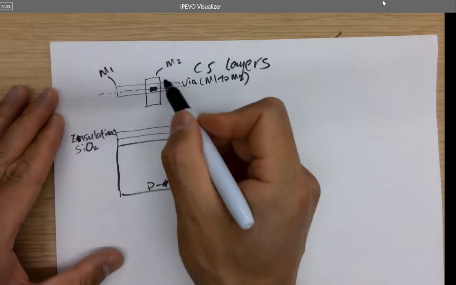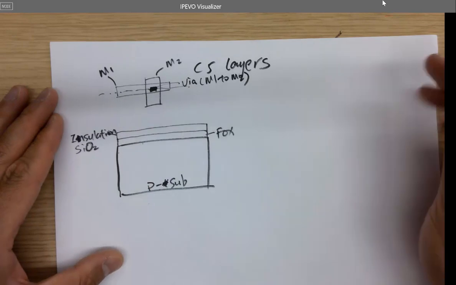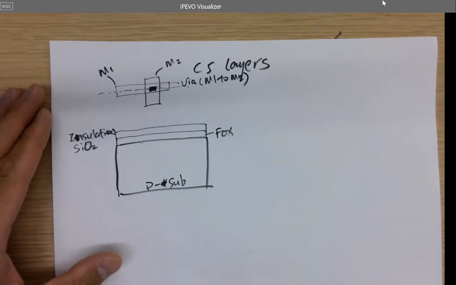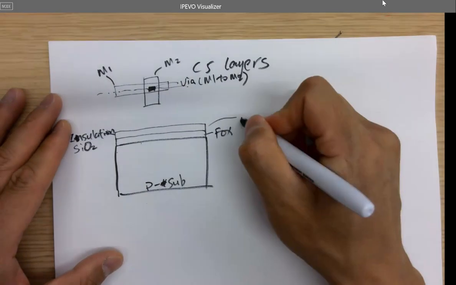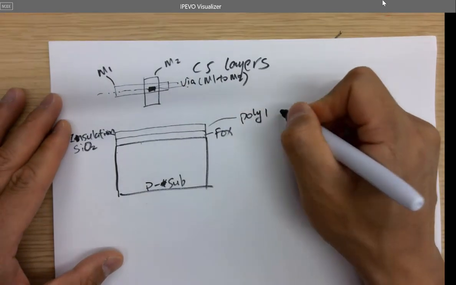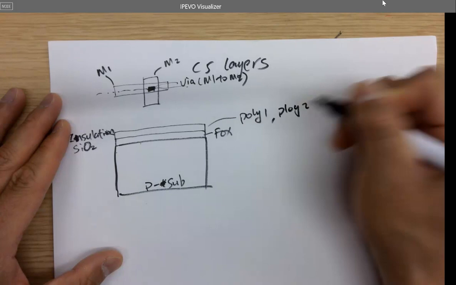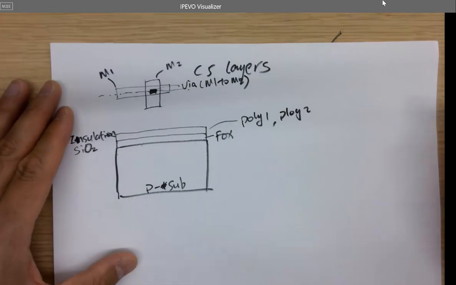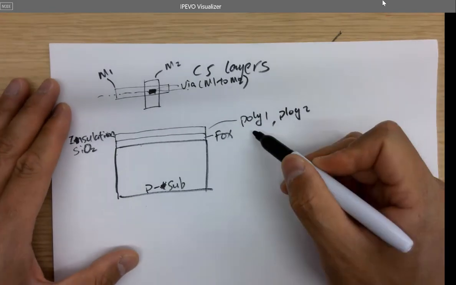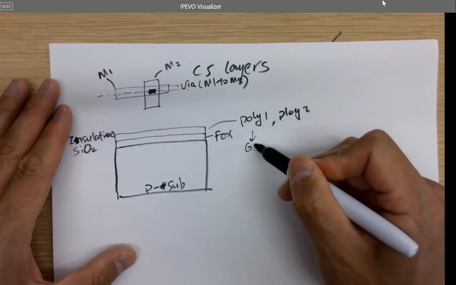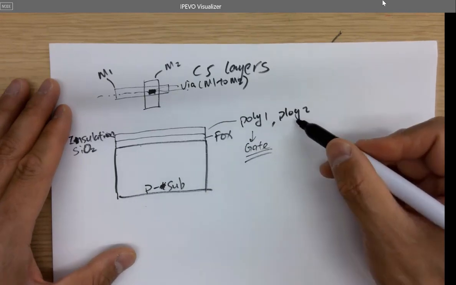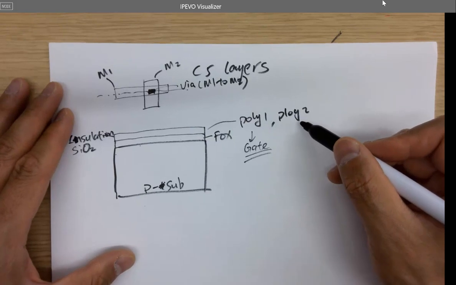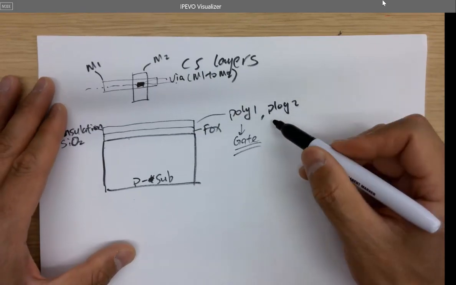Do we have a gate here in this layout? We don't have a gate. So it's just the 2 metal layers. The first insulation layer has poly 1 and poly 2 layers, polysilicon. Polysilicon is used for the gate of the transistor. And sometimes you have to use poly 2 as well in the C5 technology to form a cap.